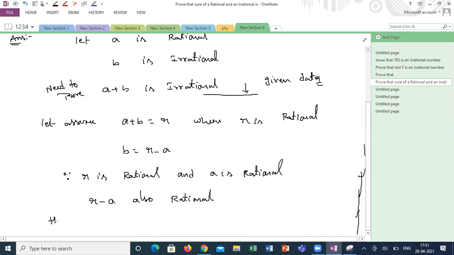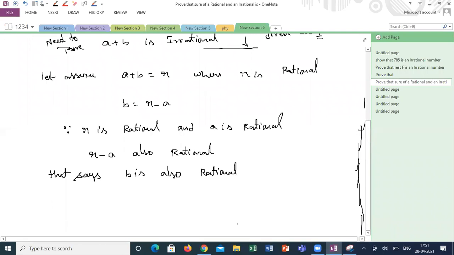That says B is also rational, but this contradicts the given data.